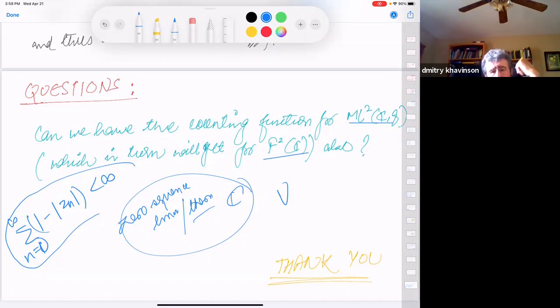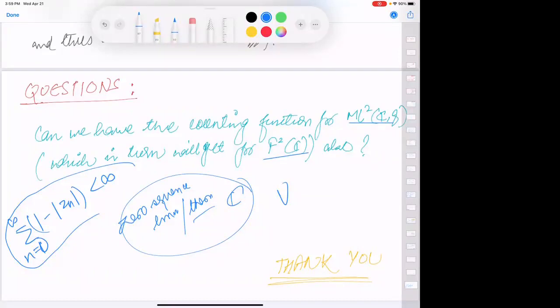And as far as Fock space consists of entire functions, why don't you just use the Nevanlinna characteristic? It's perfectly well suited for entire functions. Okay, thank you. So this is what I mean.